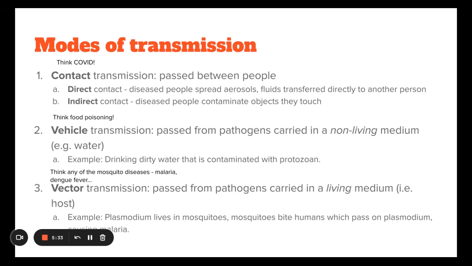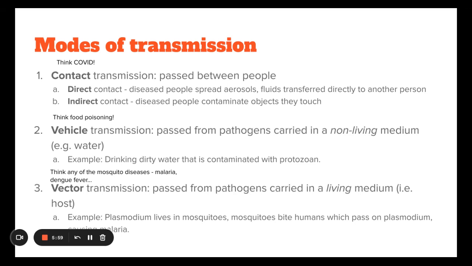So we call the mosquito, right, the host for Plasmodium. And this particular type of transmission is called a vector transmission. So think of all the different types of diseases where you need to get bitten to get the disease. So malaria, rabies, just to name a few, or dengue fever.